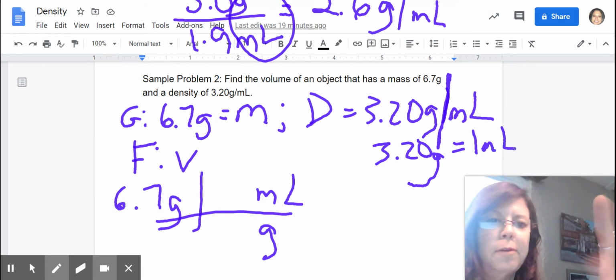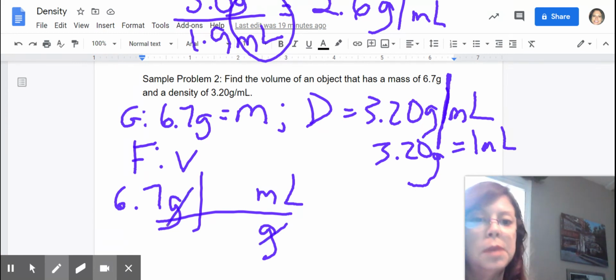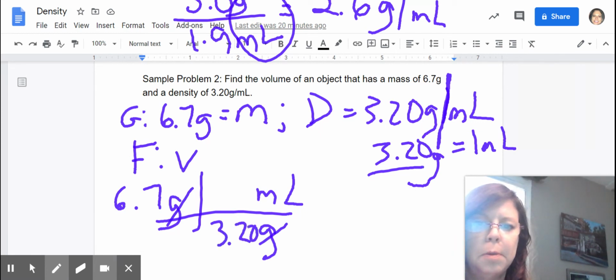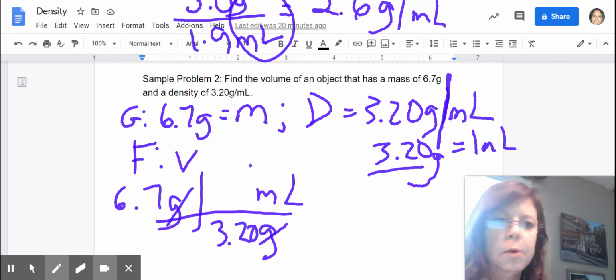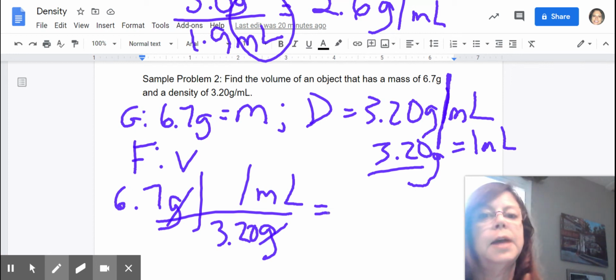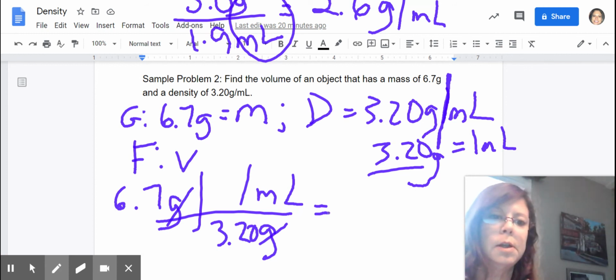We can flip that fraction any direction we want so that our units cancel. Just make sure you keep the mass with the gram. So because gram has to cancel, it's on the bottom, so the 3.20 goes on the bottom. All right, and we're done. We have volume in milliliters. If it asks for liters, we could continue on and do another conversion, and then you'd be done.